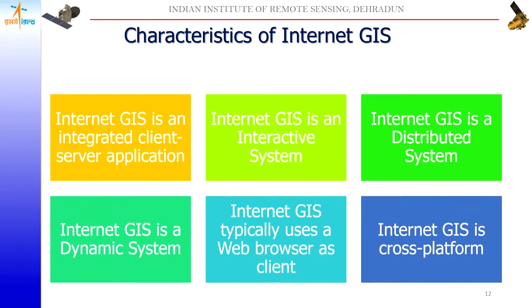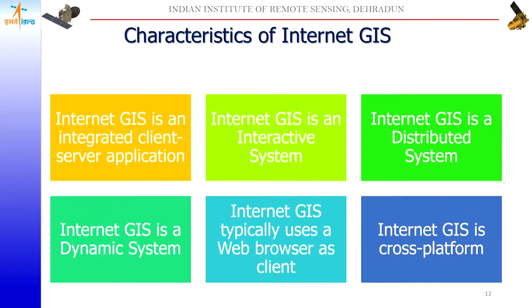Another example of a dynamic system which we also use in our day-to-day life is traffic maps. Based on the current traffic situation, we can see the different routes. So GIS is able to incorporate the data, update the data, and then the user will be able to see the data in real time.